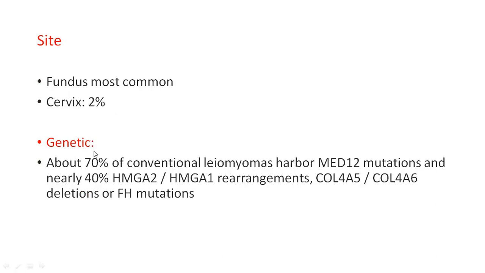Even though leiomyoma is benign and the most common, it has a clonal origin. In 70% of cases of the conventional leiomyoma, it harbors a point mutation in the MED12 gene, or in 40% of cases, it has HMGA2 or HMGA1 rearrangements, or in some cases, it might have a COL4A5 or COL4A6 mutation as well.